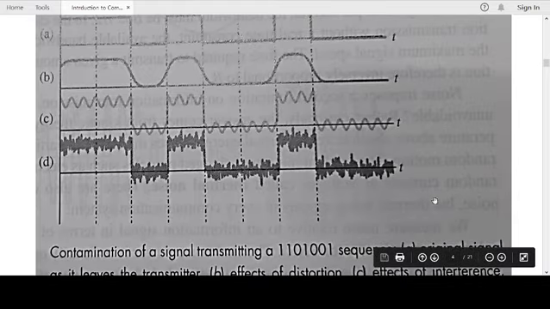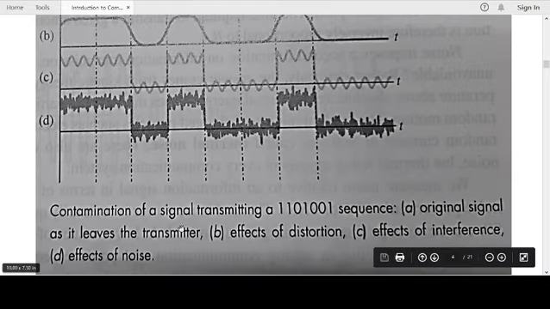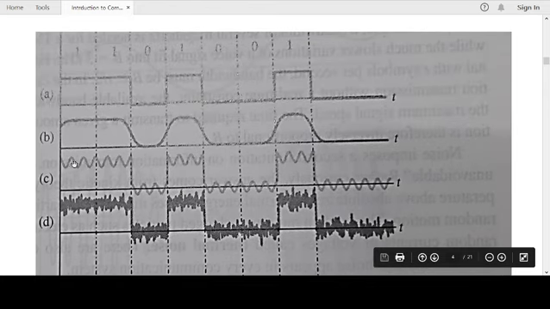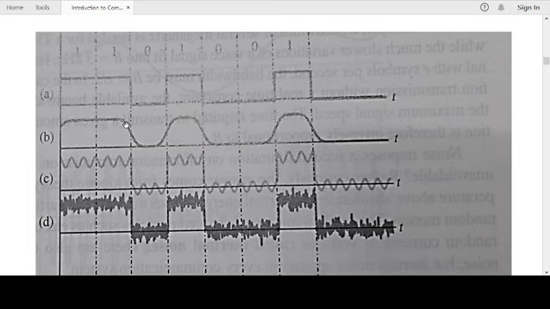Now you see, when the signal is transmitted, the effect of distortion is that the sharpness of the signal is lost. It has spread over to the next symbol.